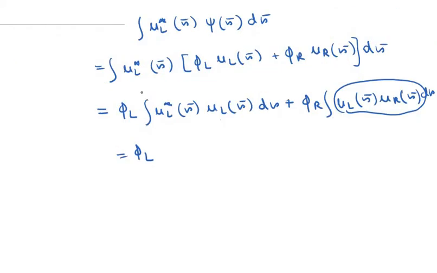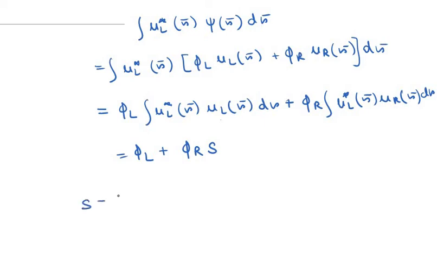Okay, so we have phi l plus, we denote this integral by the term s, plus phi r times s. Okay, there should be a complex conjugate over here.